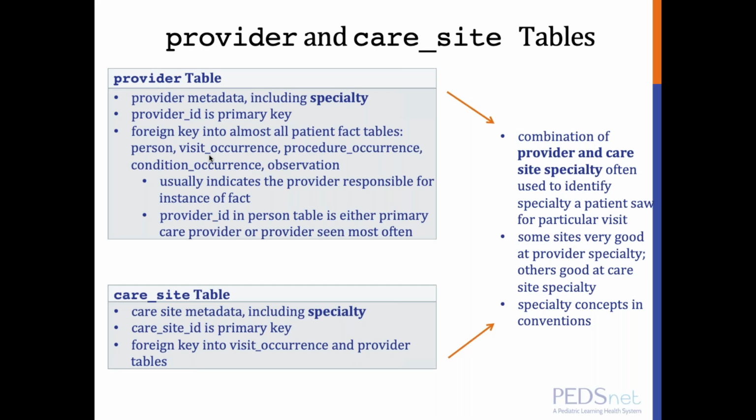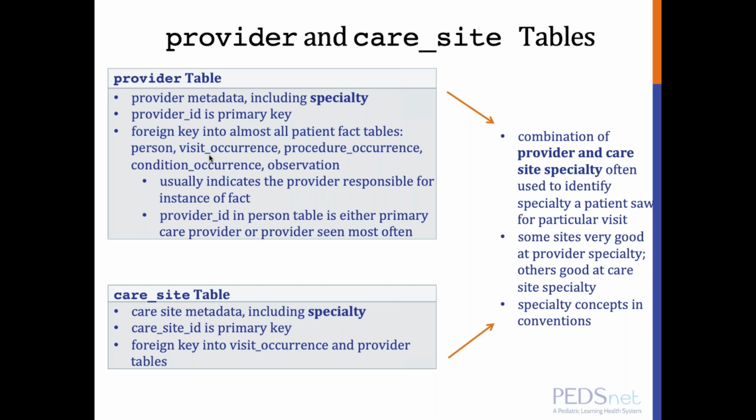The provider table generally contains provider metadata, including specialty, and gender, and it has an MPI field that we don't require use of, ethnicity, and those sorts of things. Birth year, I think, is in there as well. But like I said, mostly we use it to get the specialty of the provider. And then the care site is a similar table, except it's about the facility in which a patient received care during a specific visit.